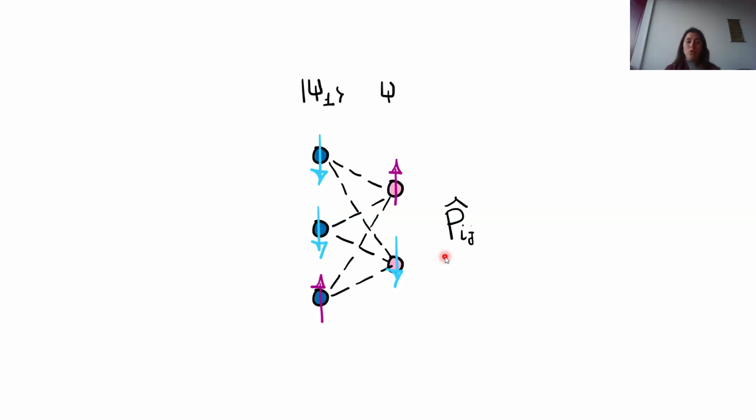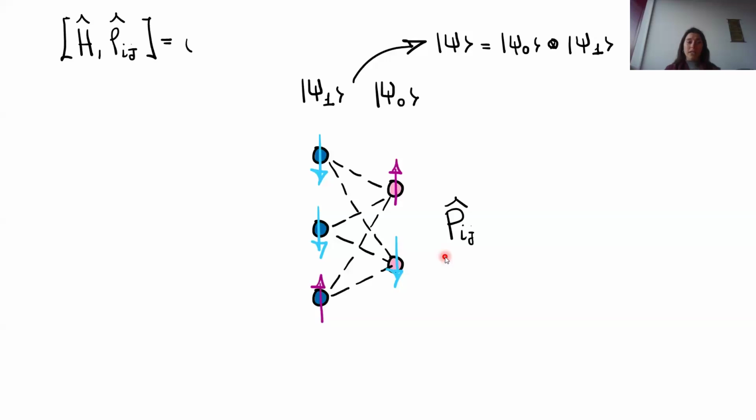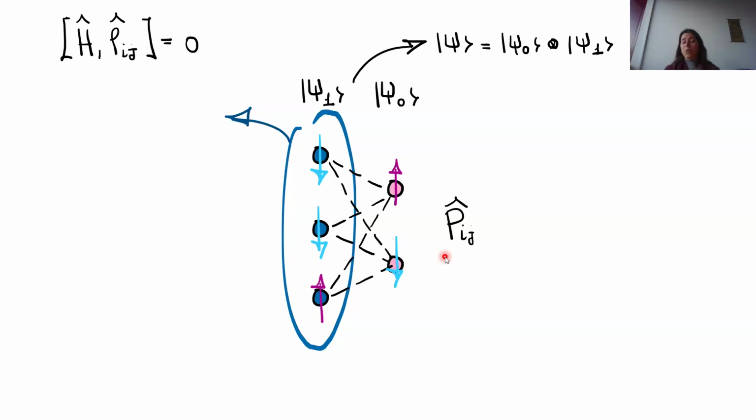So if we define two permutationally invariant states for the two subgraphs, and we define the global state of the system as the product state of the two, which is still permutationally invariant, we can consider that since our Hamiltonian commutes with this permutation operator with arbitrary indices i and j, if we set the initial state as permutationally invariant, it will be permutationally invariant for the whole evolution.